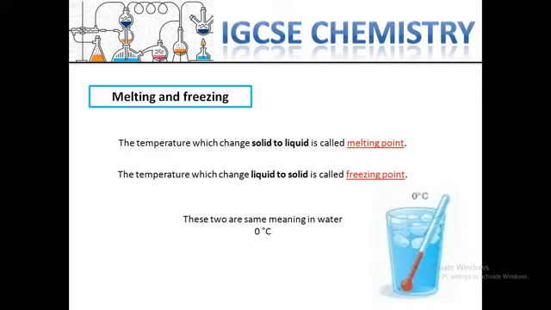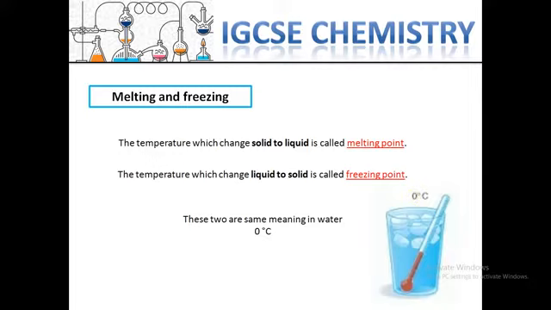Water changes from solid, the ice formation, to liquid water at 0 Celsius, so the melting point of water is 0 Celsius. But this is not the same for all chemicals or liquids.